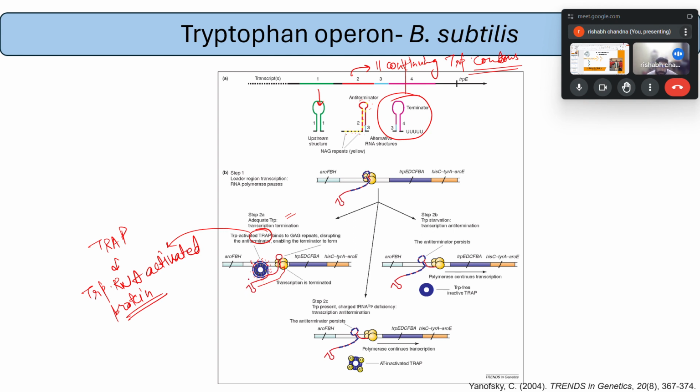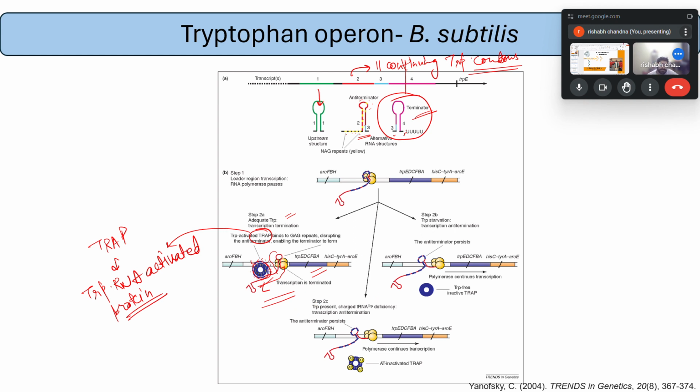Okay, so now this basically forms a snatching kind of structure so that this loop is not formed, and the 3 and 4 loops are formed between the 3 and 4 sequences, and a terminator is formed. Okay, so this leads to the termination of transcription of the tryptophan operon.